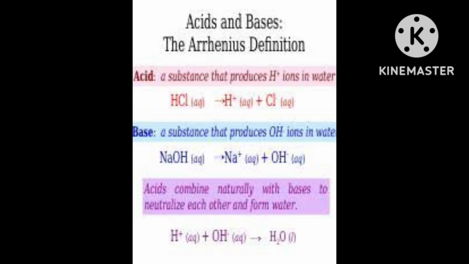This is an important example, and the question is asked also. BF3 does not have a proton, but it is an acid. It still acts as an acid and reacts with ammonia by accepting its lone pair of electrons. Then we can write BF3 plus NH3, and the product will be BF3NH3.